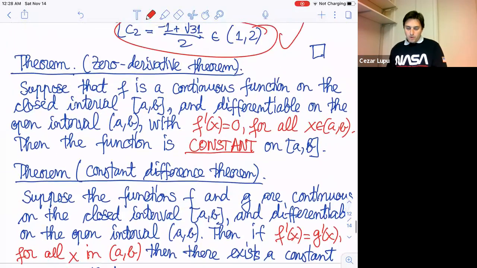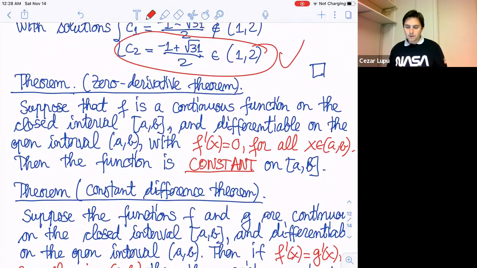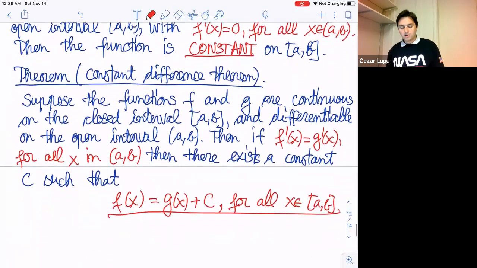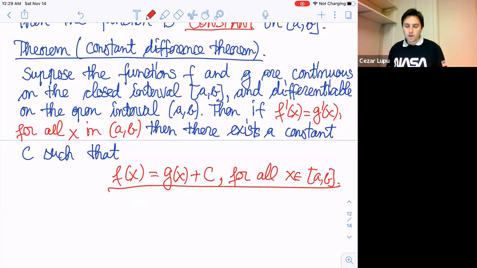So these are the two theorems. As you can see, let me point out something. The slope at each point of f and g are equal. Let me point out this remark.